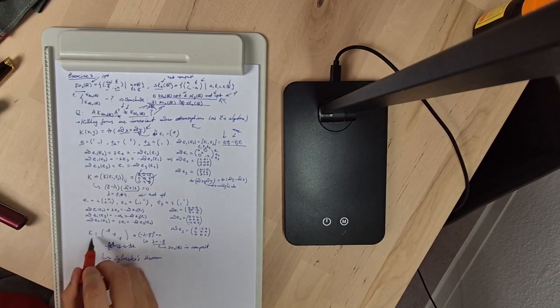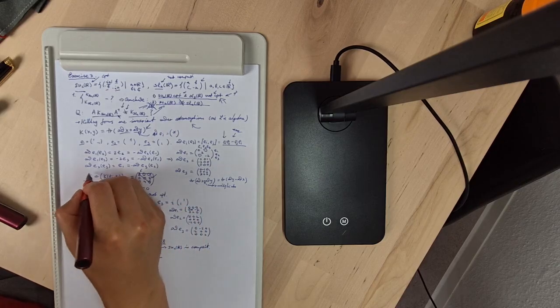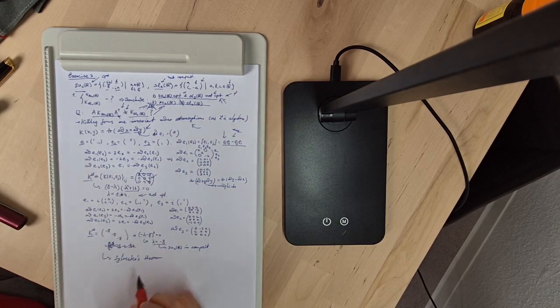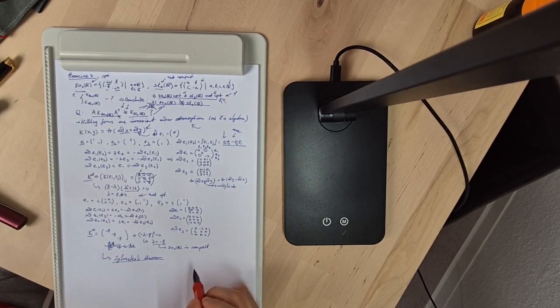The two matrices K, this K and that K, I will write K_SL and K_SU. K_SL and K_SU cannot be congruent because the eigenvalue signs are different. I think it's covered by Sylvester's theorem. It is something like: two matrices cannot be congruent if they have different eigenvalue signs.